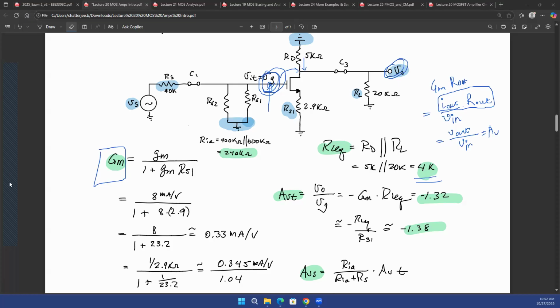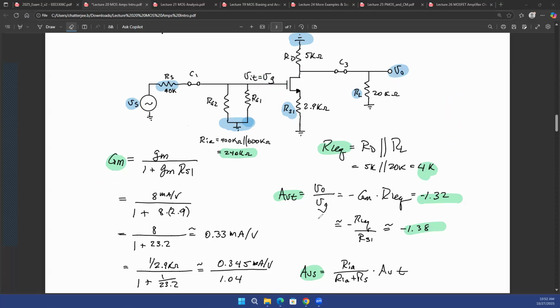Okay. But the important thing here is that what you calculated here as GM times R equivalent is just the voltage gain from this point to the output node, the gate of the MOSFET to the output node. You did not consider anything which is connected on the left side of the gate of the MOSFET, right?